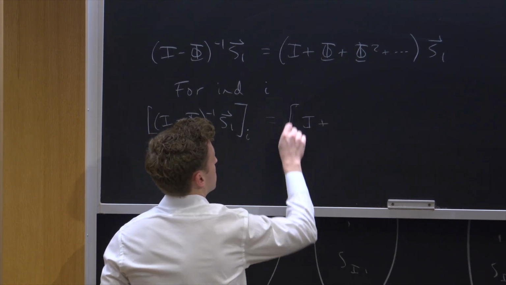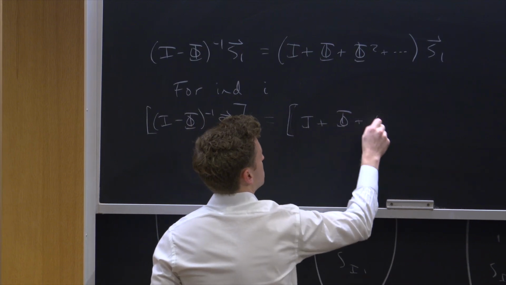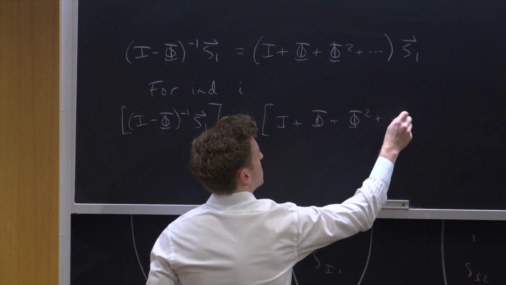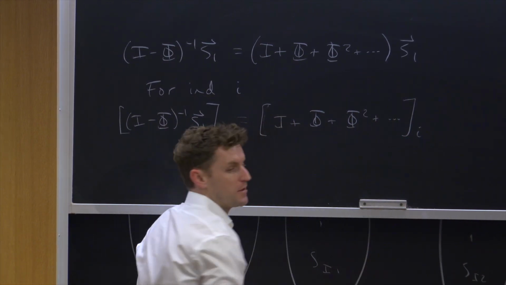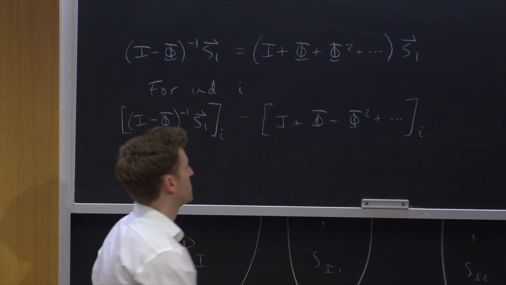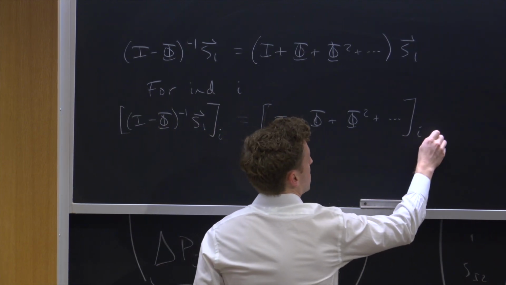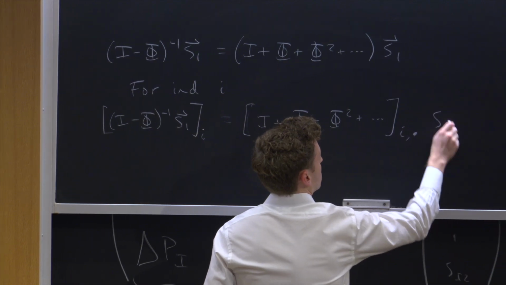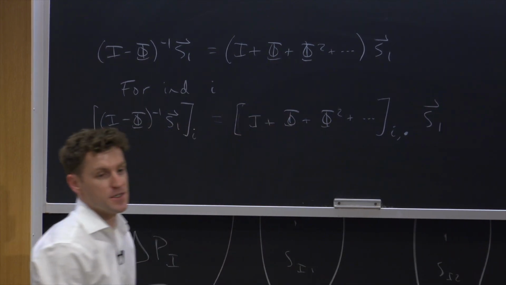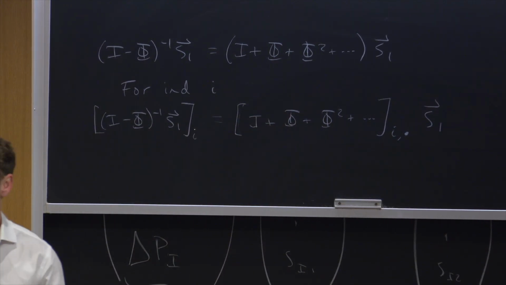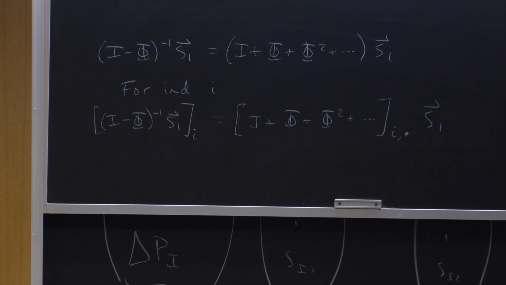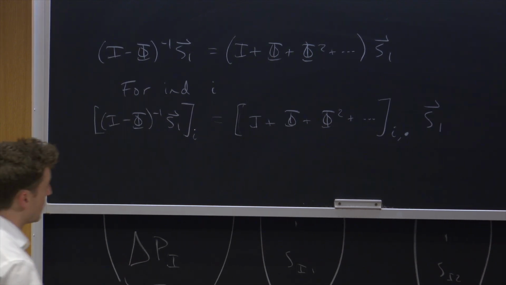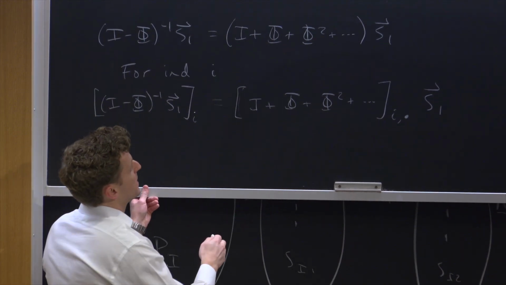plus phi squared, and so on. Take the ith row of that matrix and all of the columns. Same notation as we had before. Times this vector of initial use shares in oil, let's say. Okay, so now how does this multiply out?